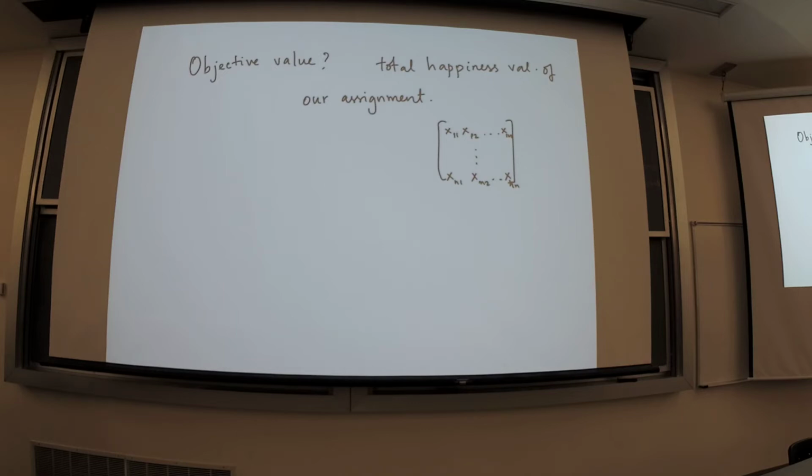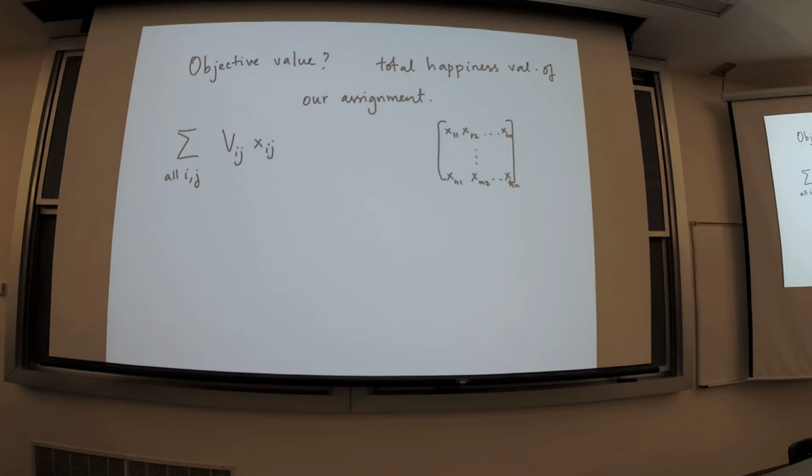Right. So what he's saying is you can just look at the sum over all ij of vij times xij. And this is our objective value. Okay, so why is this right?